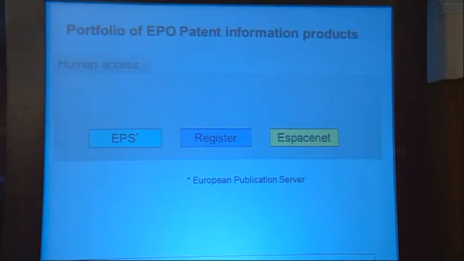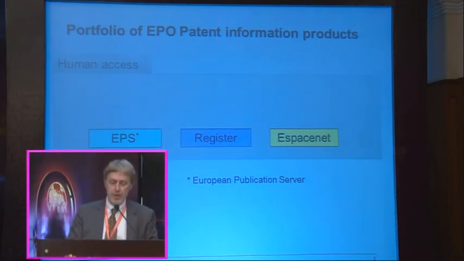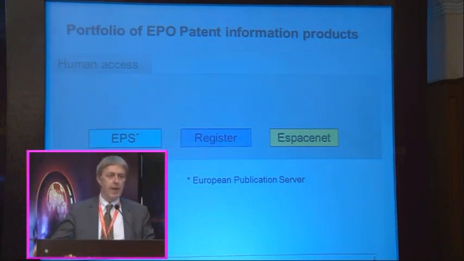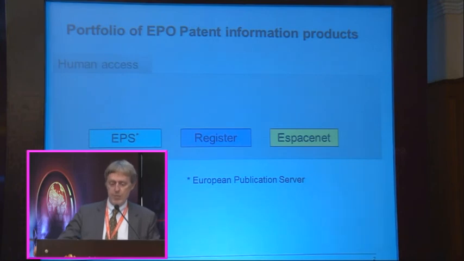The one in blue is maybe not as well known as the Register. It is called the EPS, the European Publication Server, which is actually the official repository of EP patent publications.